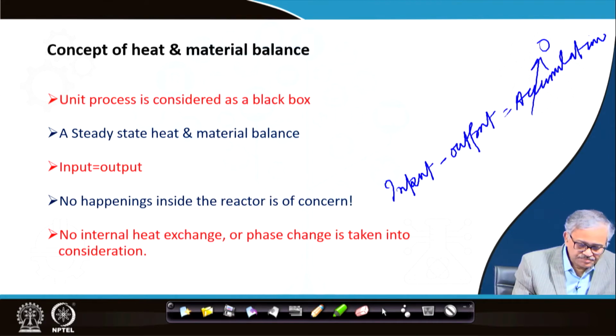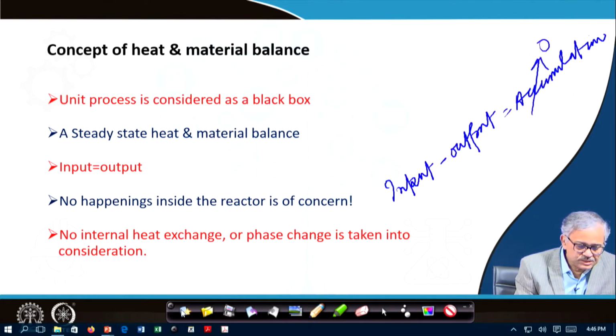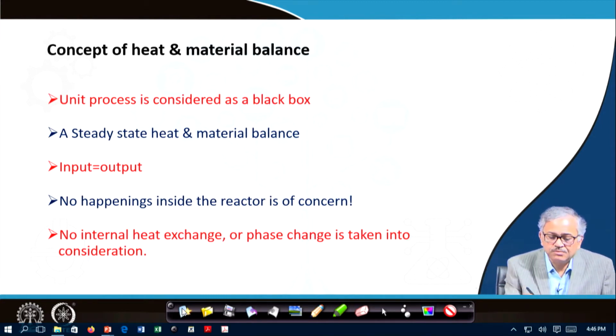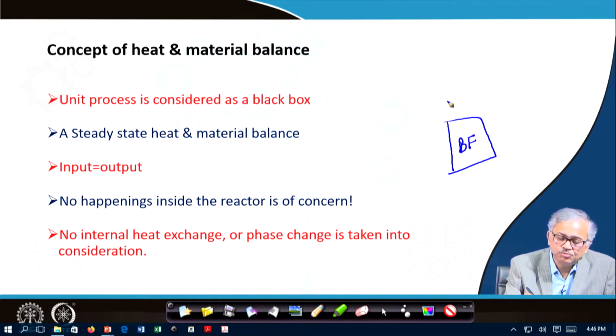For example, let us consider the blast furnace. In the case of the blast furnace, we can also take it as a black box. What are the inputs? Let us consider 298 K: Fe2O3 is coming in, and carbon is coming in.